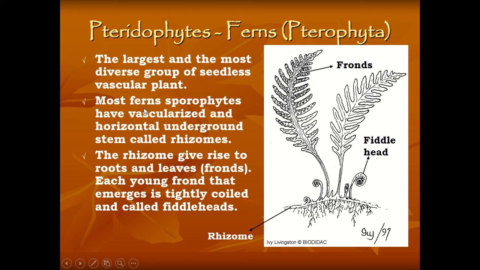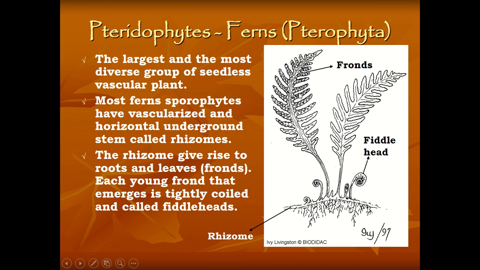That's why I said we can easily find it. And most of the fern sporophytes have a vascular and horizontal underground stem here known as a rhizome, and the rhizome will give rise to the roots and also to the leaf known as fronds.